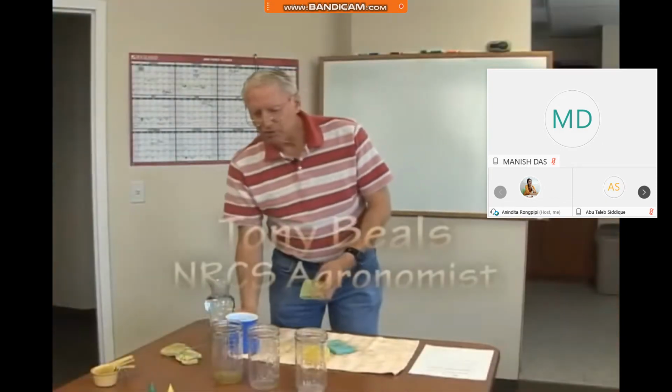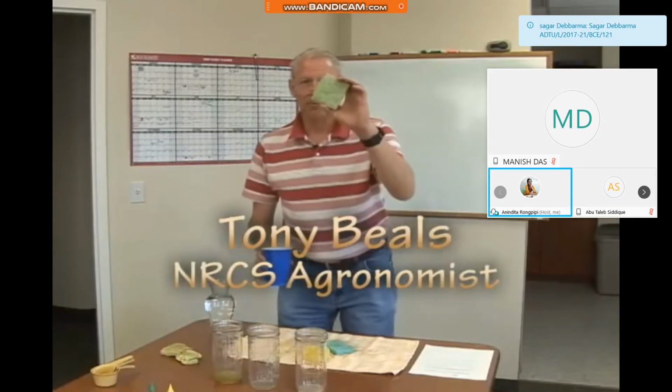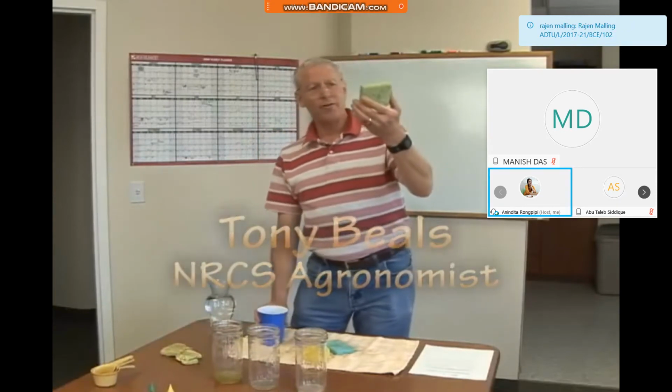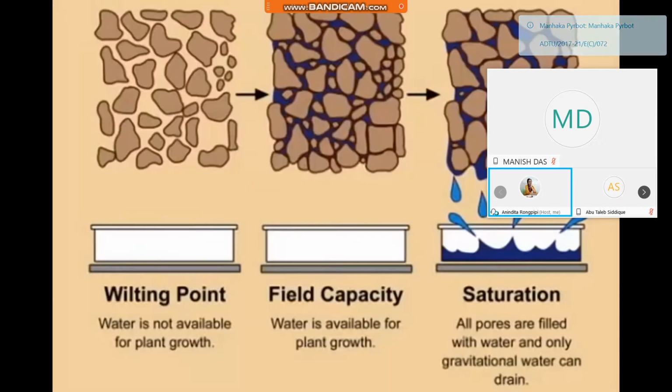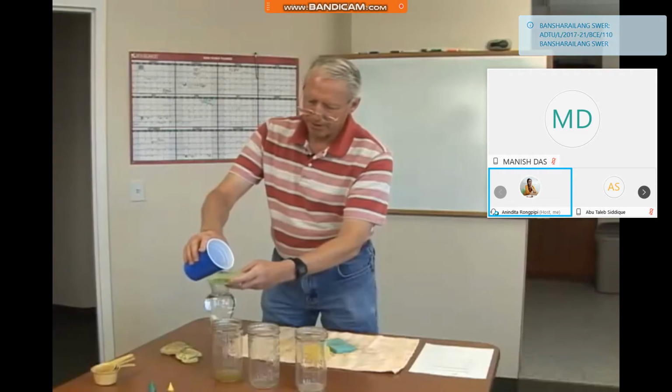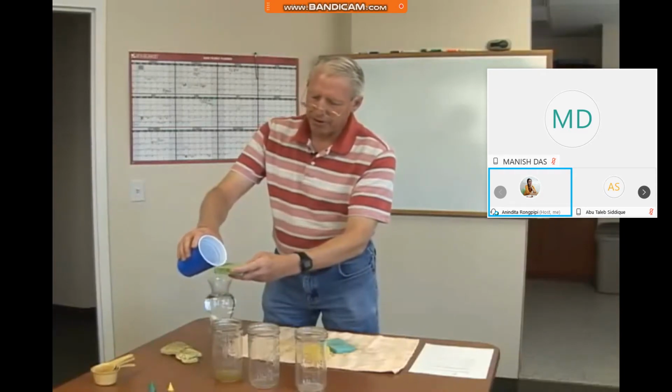Now we're going to demonstrate field capacity. Now I mentioned to you before that field capacity is when the soil has all the water it can hold under the pull of gravity. Okay, so now we're going to add some water to this sponge, a little bit at a time here. So now we're irrigating.